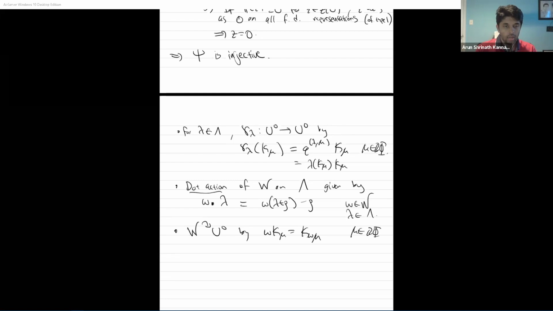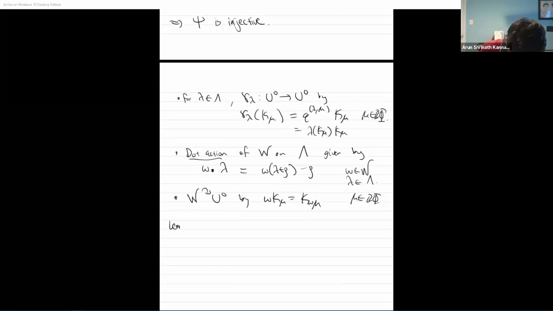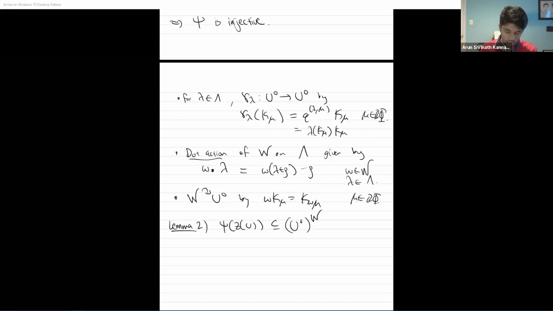Okay, so we can state an intermediary result, which is the following lemma: psi, the image of the center under the Harish-Chandra homomorphism, lies in the W invariants of U0. Okay, so let's see. This one I'm going to probably just state a little bit of the proof and move on from there.